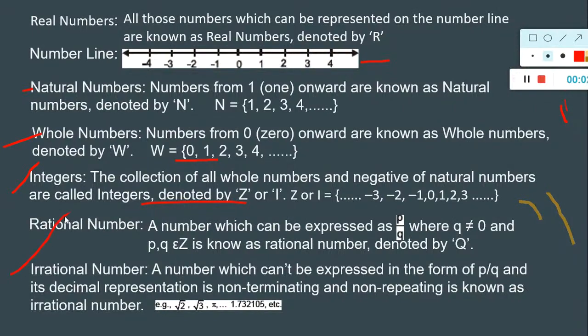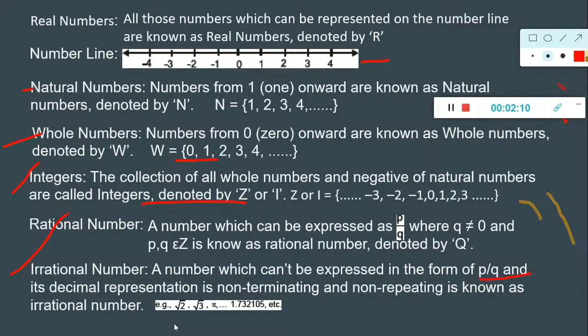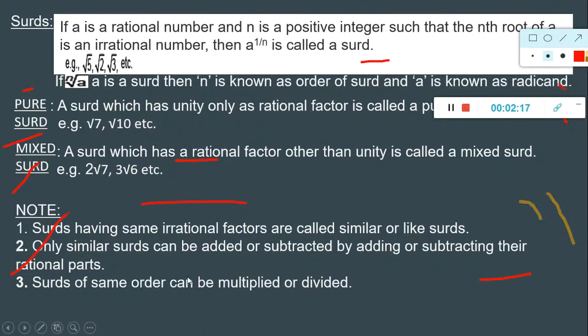Irrational numbers are those numbers that cannot be expressed in the form of p by q. Examples of irrational numbers are root 2, root 3, pi. Root 2 and root 3 are called surds. What is a surd?